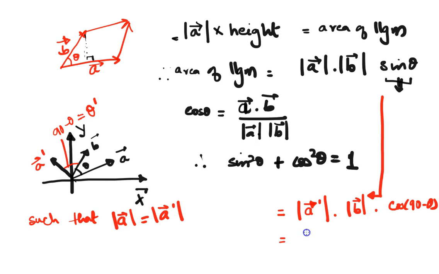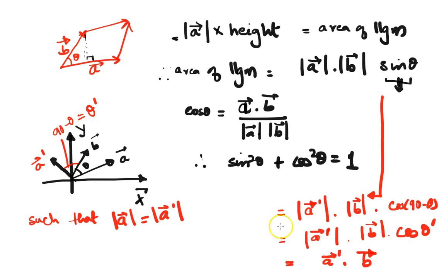So this is A prime dot B, that is mod A prime into mod B into cos theta prime, which equals A vector prime dot product B vector, right?